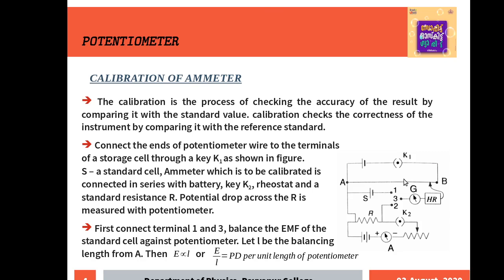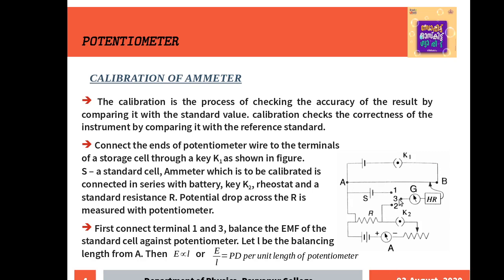You just see here. What we are going to do is check whether the current measured by an ammeter is correct or not by comparing it with the same current, converted in the potentiometer, and checking whether these two values are the same.